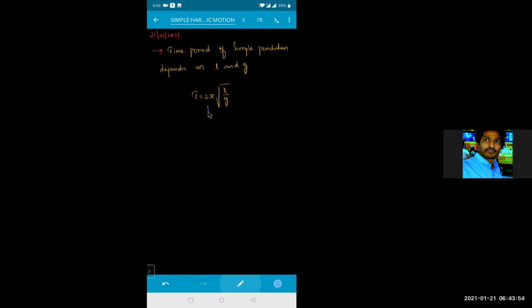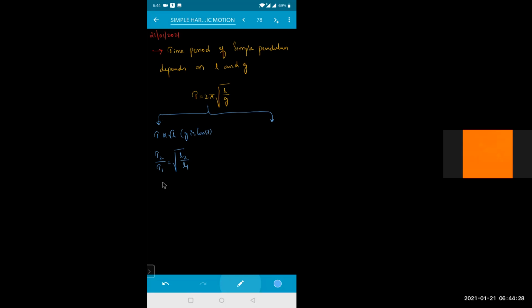The time period T is directly proportional to root of L, when g is constant. So I can write the time period T2 divided by T1 equals under root of L2 by L1.